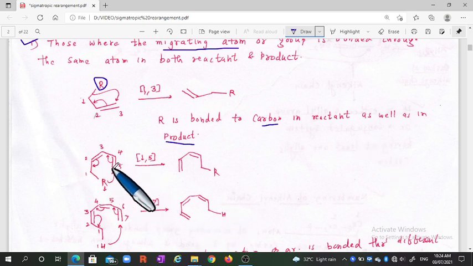That is the same example. The first is the 1,3 rearrangement and the second is the 1,5 sigmatropic reaction. In this case R is migrated.